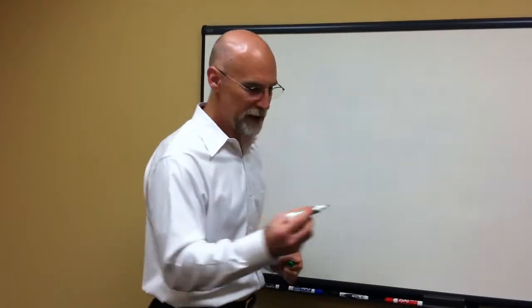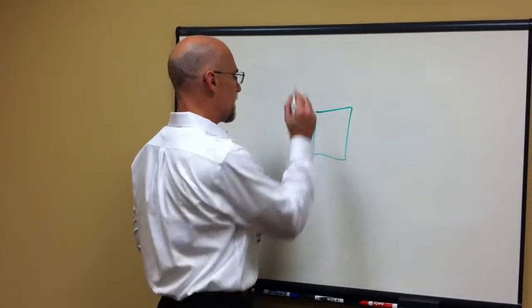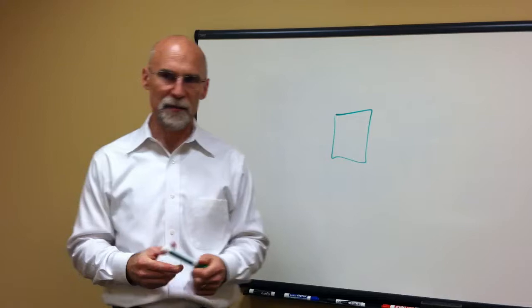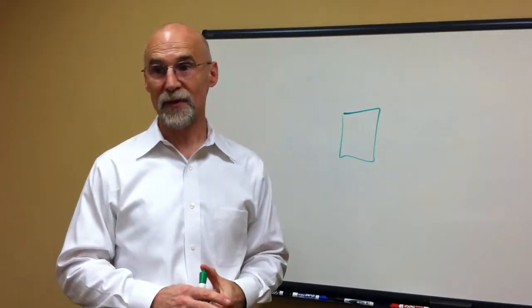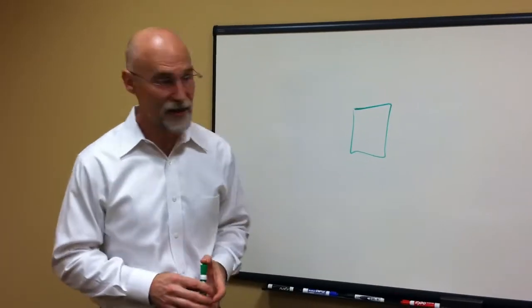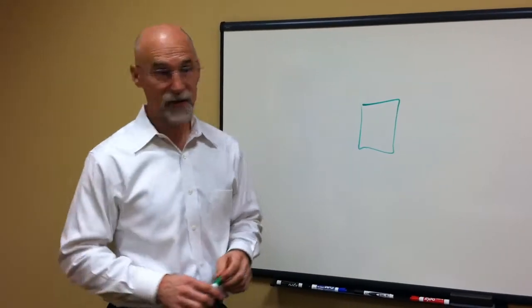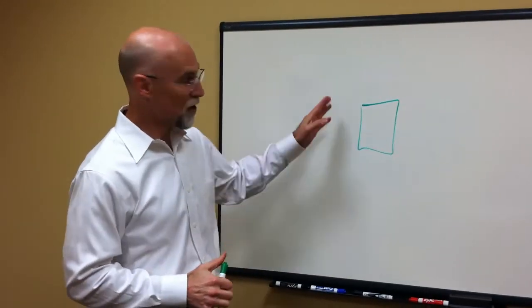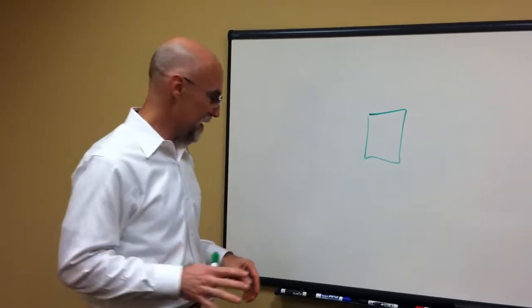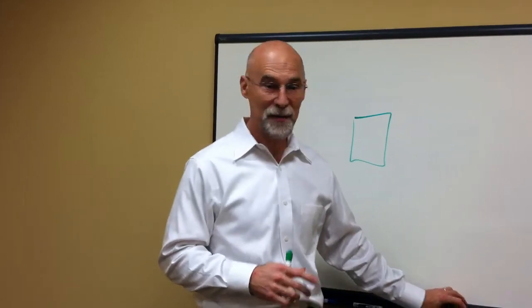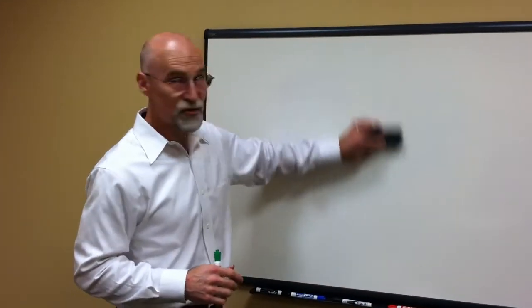You might say, Jim, let's see you draw a square on the board, and I could come up and draw a shape like that, and in some situations that might suffice as a square. But of course, in the realm of mathematics and geometry, that is not a square. The lines aren't straight, they don't all connect, they're not the same length. So as you can understand, if we're in a math class teaching geometry, that's not a true square.